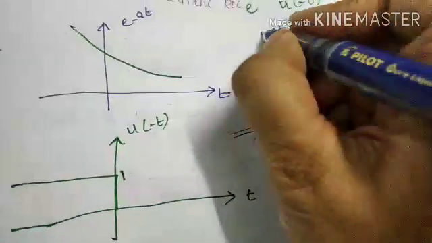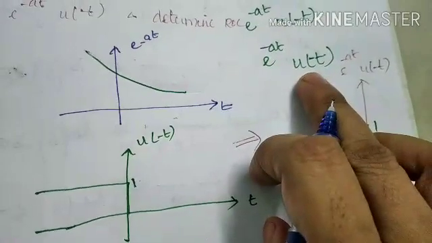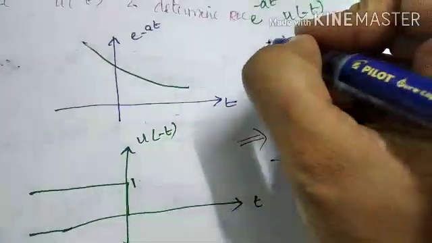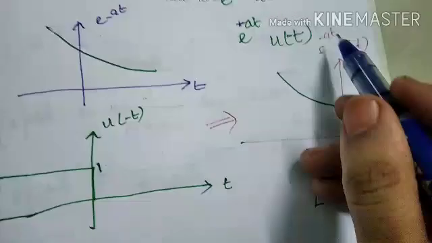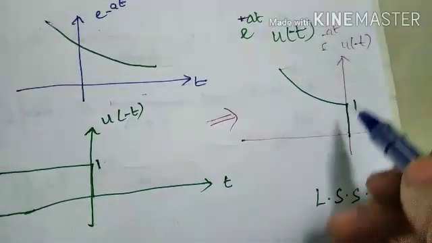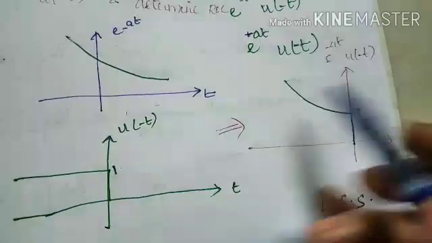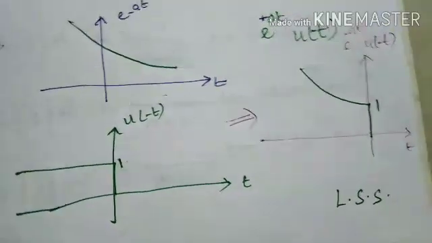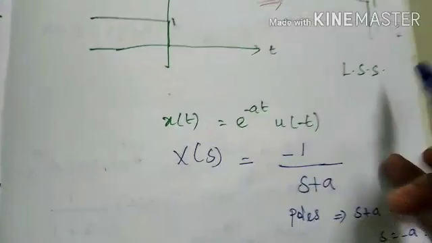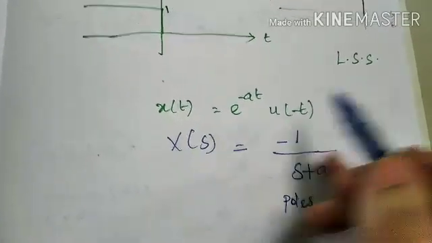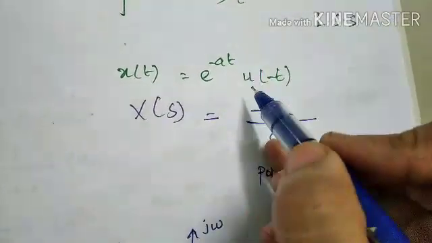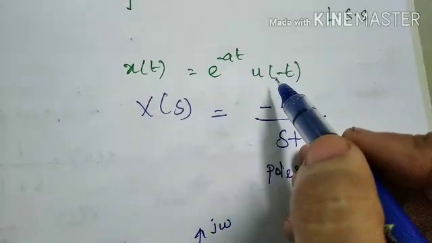The multiplication of these two things will give you a left-sided signal. So x of t, e power minus at u of minus t, is a left-sided signal.